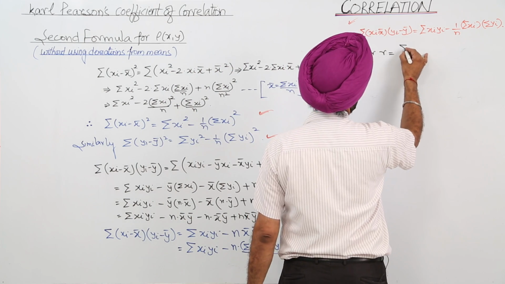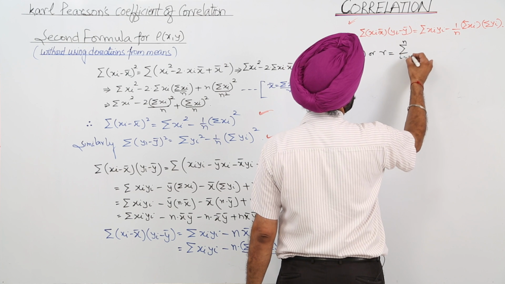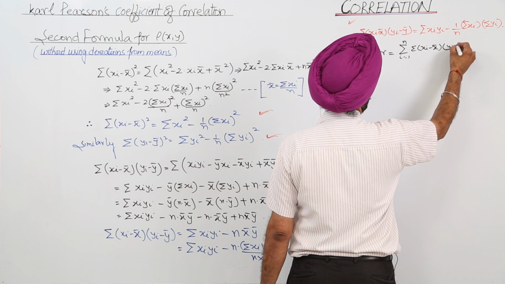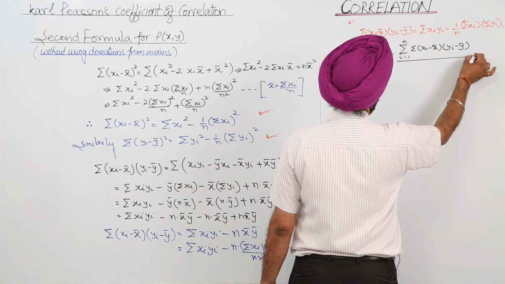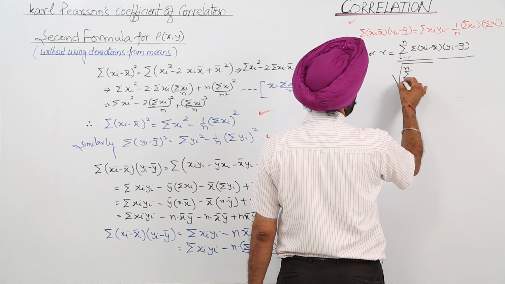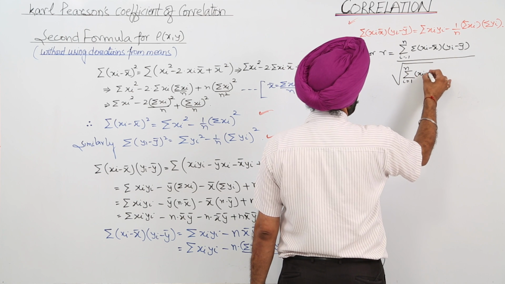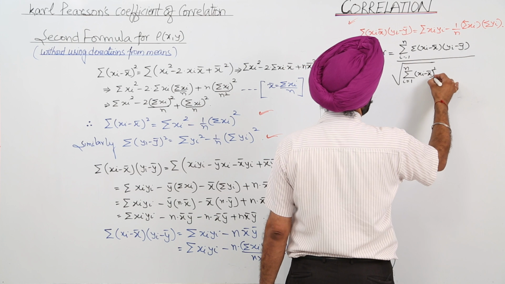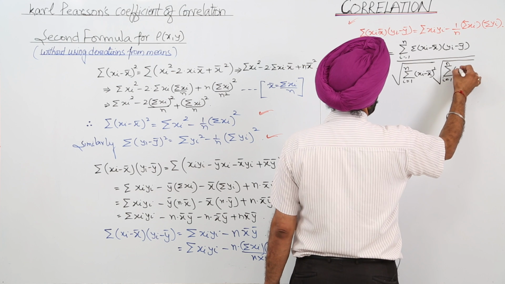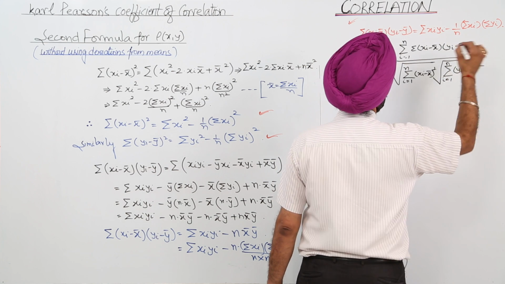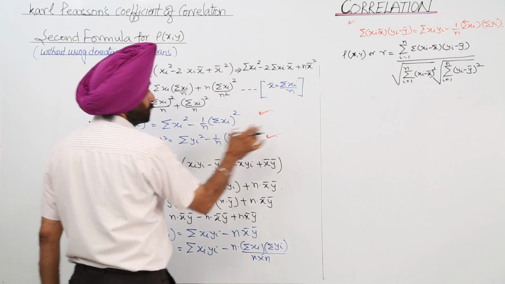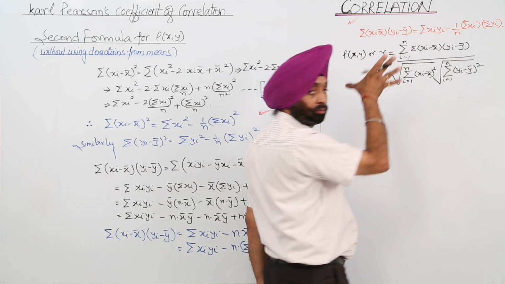This is summation from i equal to 1 to n of (xi minus x mean)(yi minus y mean) upon the square root of summation (xi minus x mean) whole square with summation (yi minus y mean) whole square. Now we have three different terms: number 1, this part; number 2, this part; and the numerator, the top part.